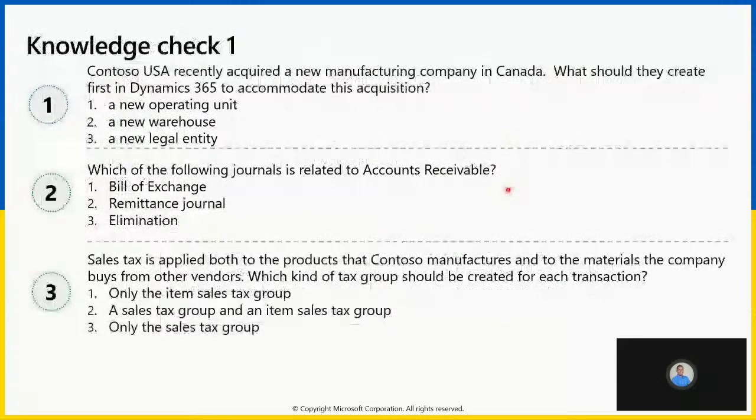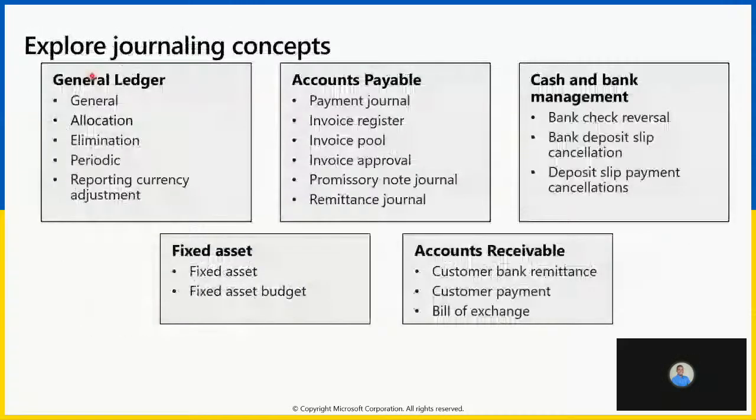I'm going to show us the different journals that we have when it comes to these different modules on the system. So we'll go back to Dynamics 365 Finance and Operations. Voila. Here I have the general ledger.